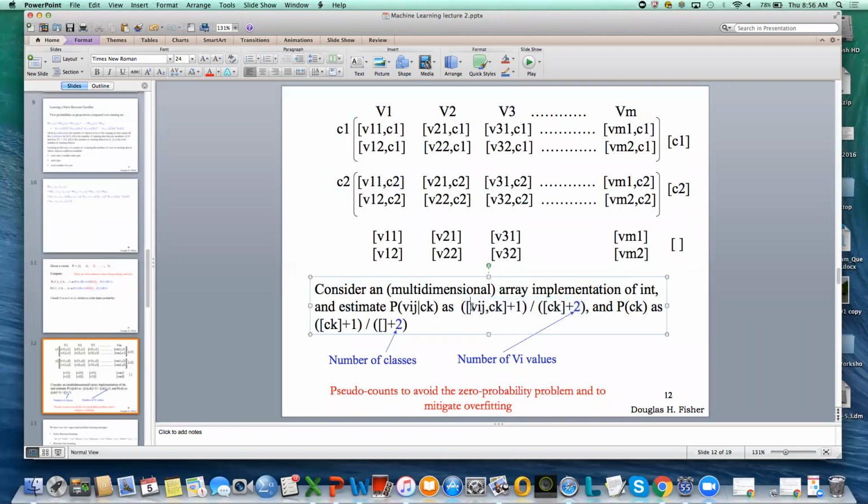But in the case where this is large and this is large, the plus 1 and plus 2 are going to have negligible effects. Okay, and so the idea is a pseudo count will start you off with a small bias and a predetermined value, but as you collect real data on this combination and real data on this row, as the number of rows goes up here and the number of rows goes up satisfying this condition here, the plus 1 and plus 2 no longer have a substantial influence.